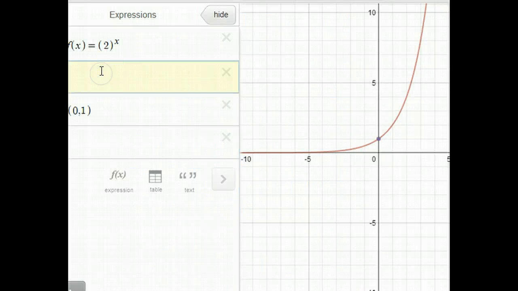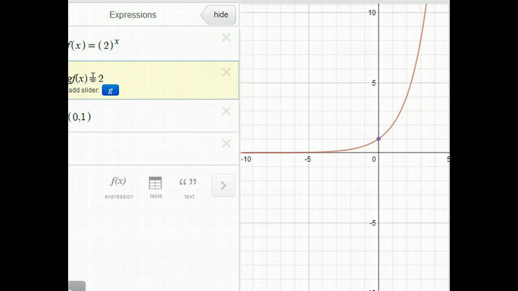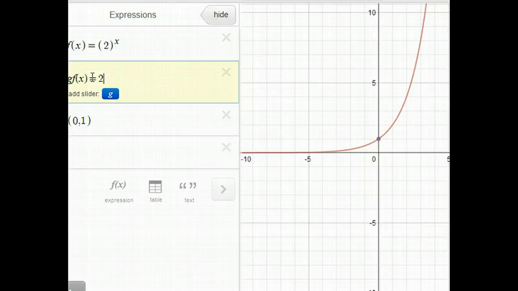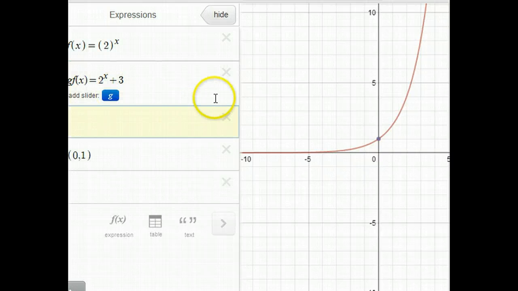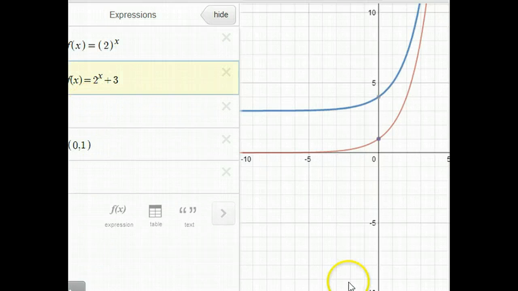So let's see how the graph changes if we change to a different function. Instead of 2 to the x, I do 2 to the x plus 3. And as you can see, the graph did translate up 3 units.